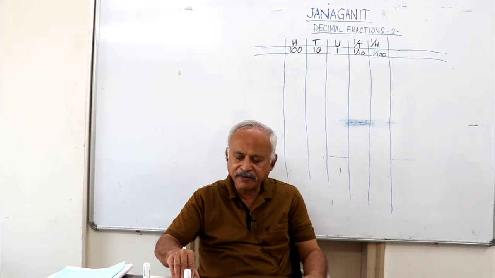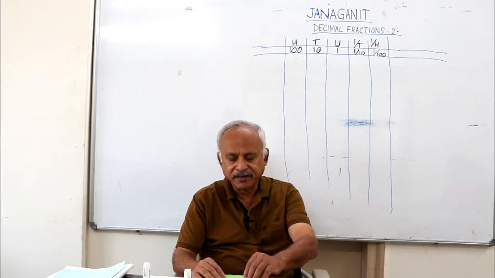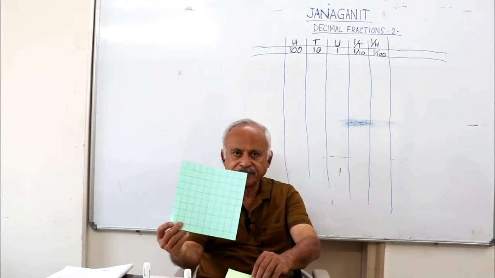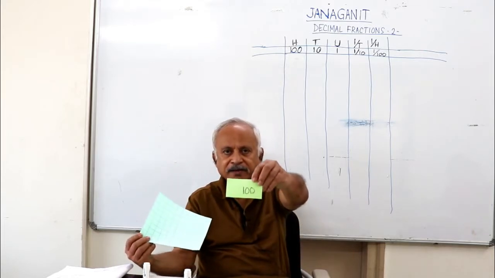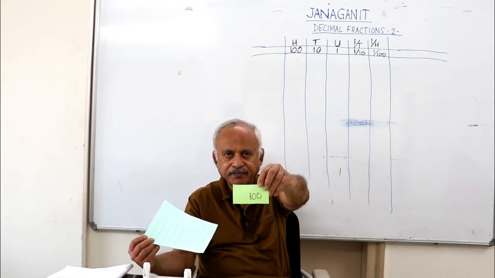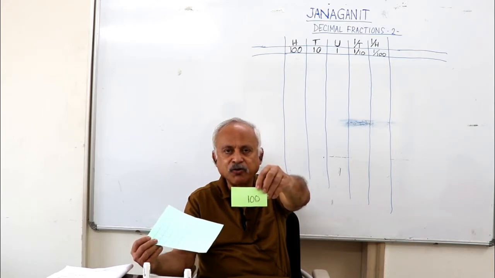We also made number cards to represent these numbers. So if this is 100, then we also made a number card of 100. You can think of this as a 100 rupee note.